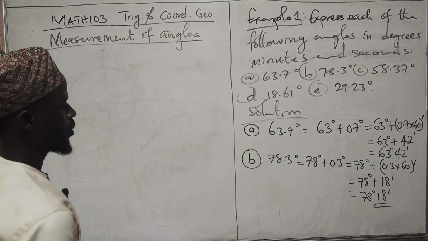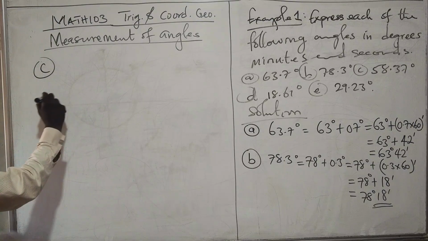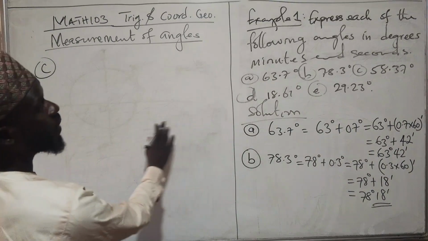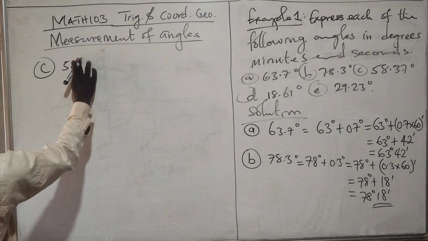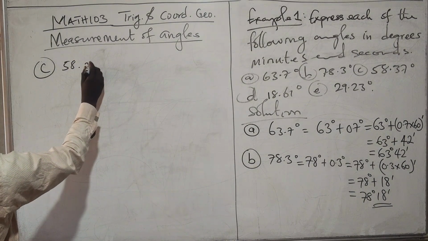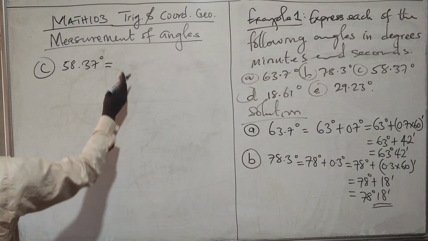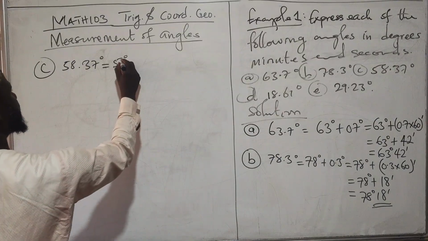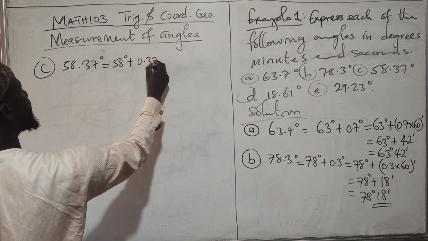We now go to C. The C part is saying 58.37 degrees. So this can be written as 58 degrees plus 0.37 degrees.